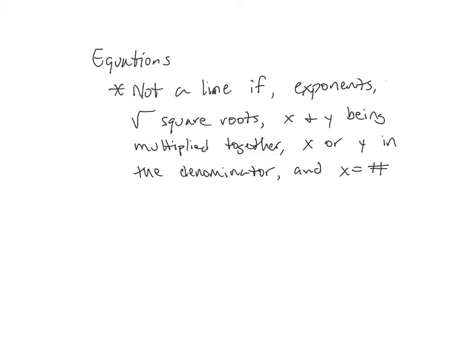X equals. So you've done equations of lines before. Like you've done y equals mx plus b. So if you had y equals 2x minus 6, that's a line. If you had 2x plus 4y equals negative 10, that's a line, because you don't see any of that stuff up there.